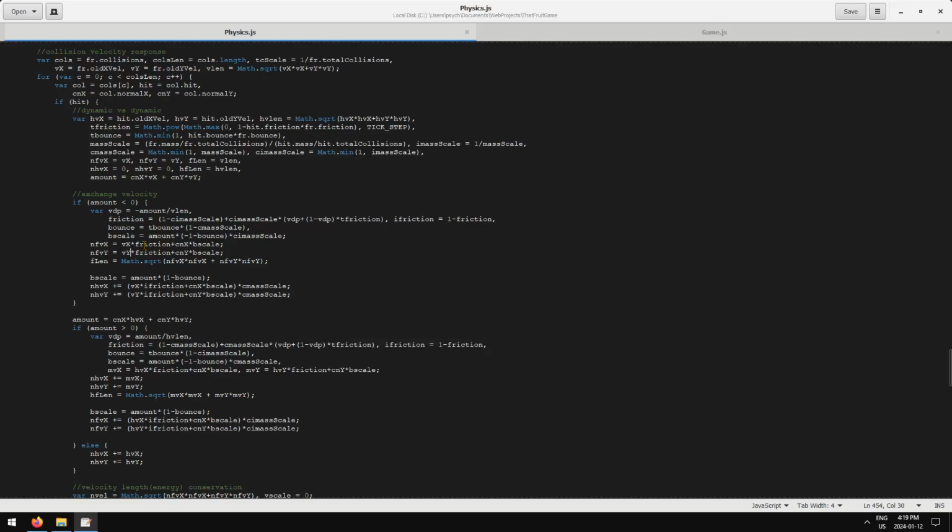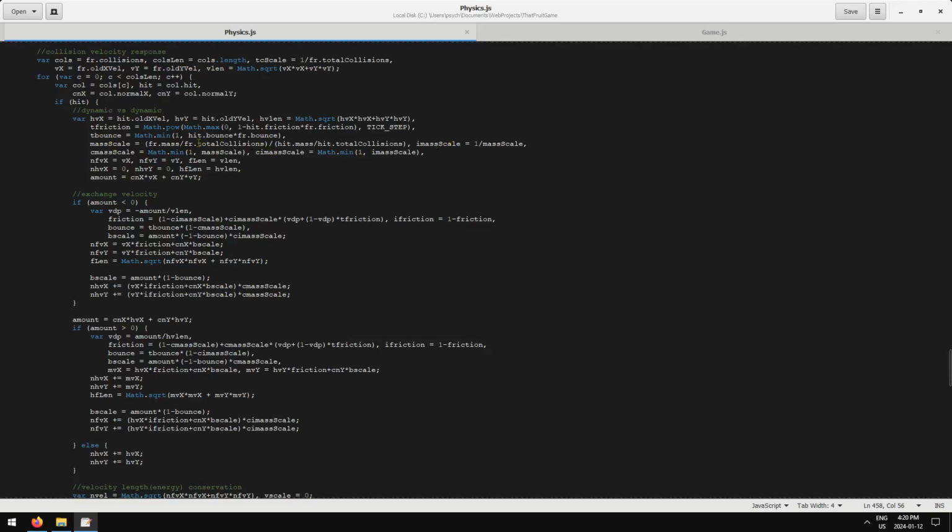And then the same force we take and we apply the inverse, the backwards force to the hit object. So it's like for each forward force, we apply a backward force. And for that, we also scale by the mass scale, but we scale by the different masses.